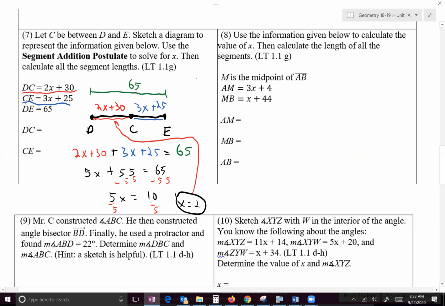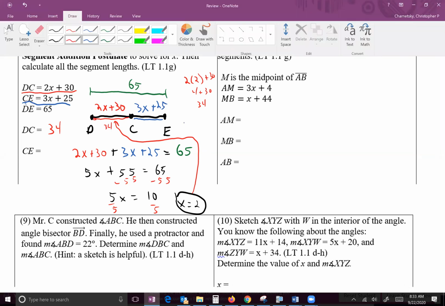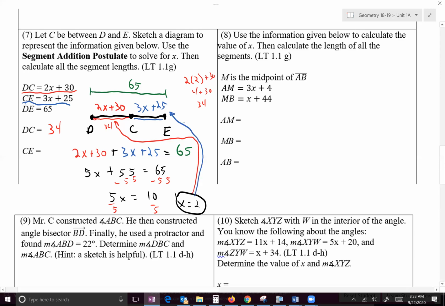2 times 2 plus 30. So 2 times 2 is 4, plus 30 gives us 34. So that's DC. Okay. That's 34. Do the same thing. Plug it in for CE.